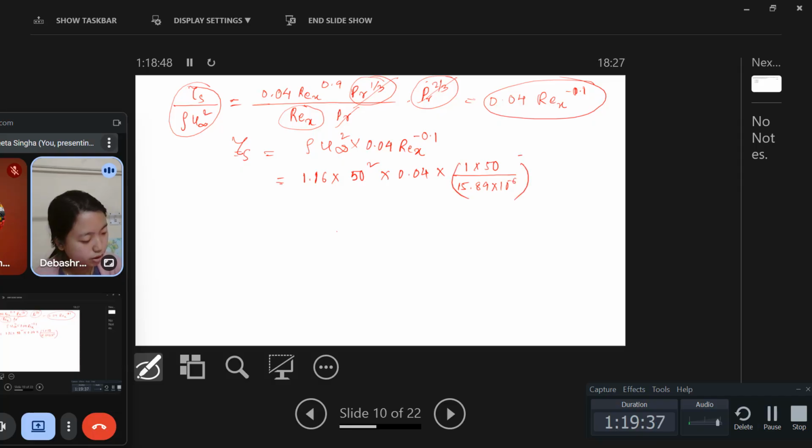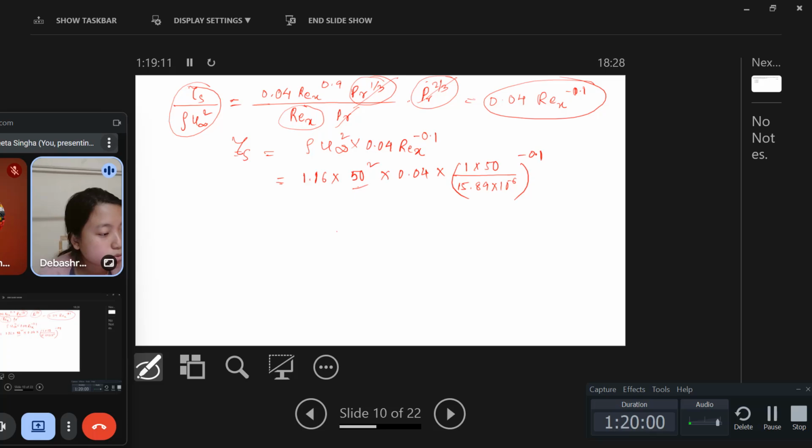To the power minus 0.1. Again calculate this. Calculate it very carefully, okay?